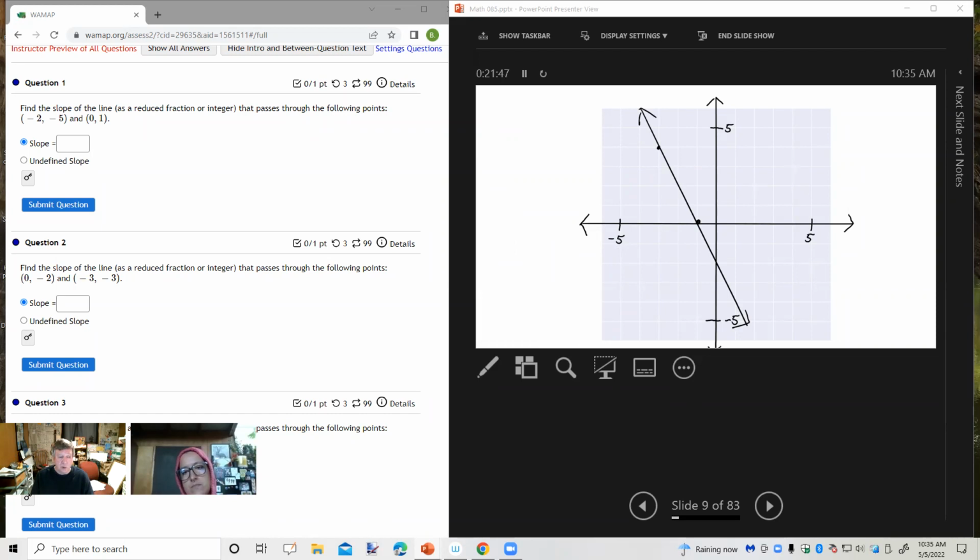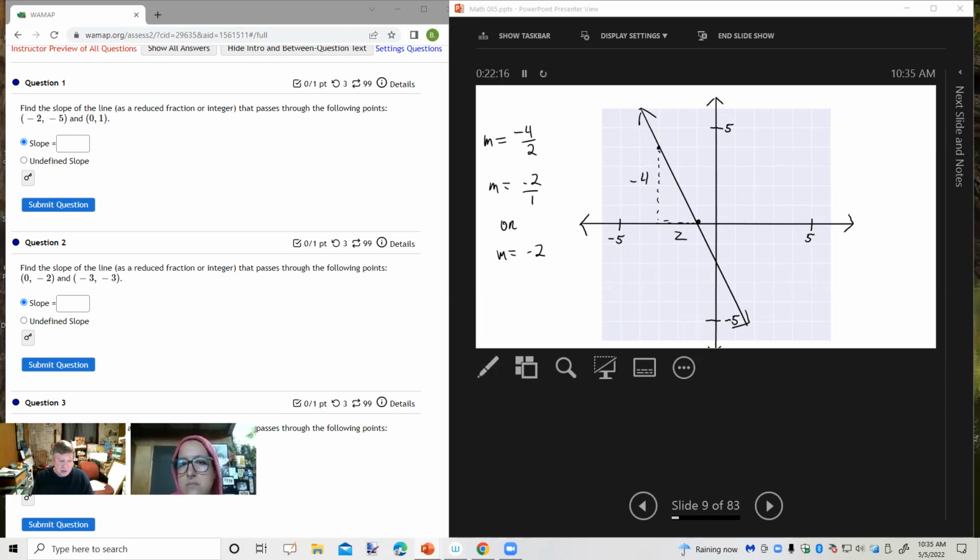This line, as it goes from left to right, is going down at an angle. So we say it has a negative slope. Going down and then over, it goes down 4 and over 2. So the slope is -4/2, which can be reduced to -2/1, or just the slope is -2.